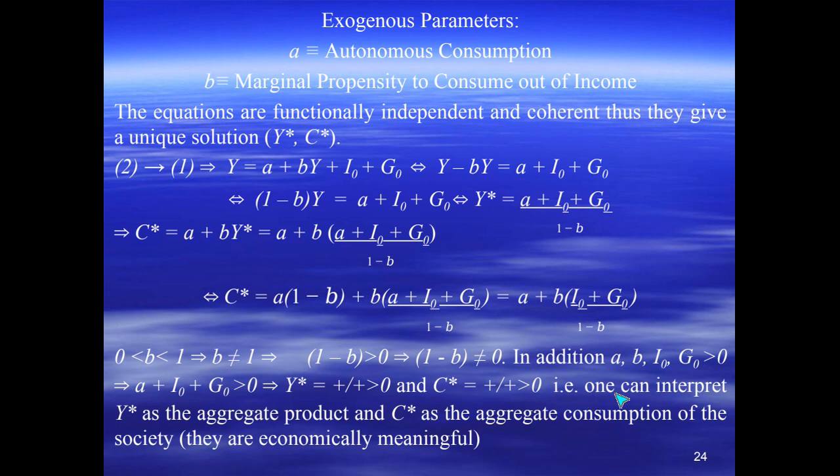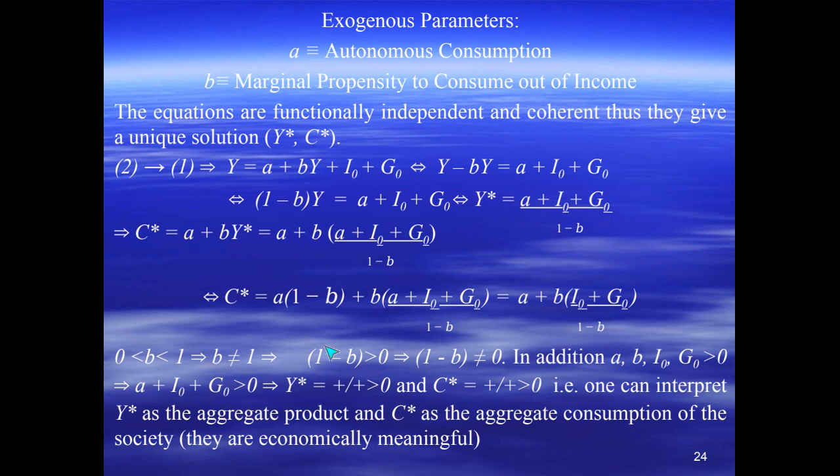That's why we can interpret Y star as the aggregate product and C star as the aggregate consumption of the society. They are economically meaningful. If we obtained one of them negative, for instance, it wouldn't be economically meaningful. We should obtain these quantities as positive, as we obtain now.